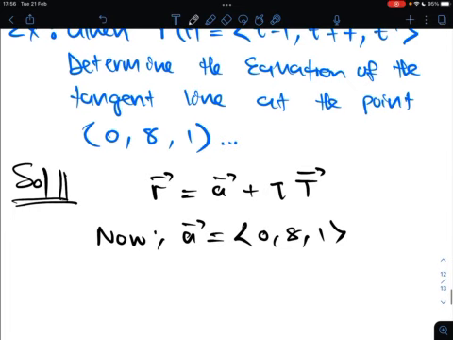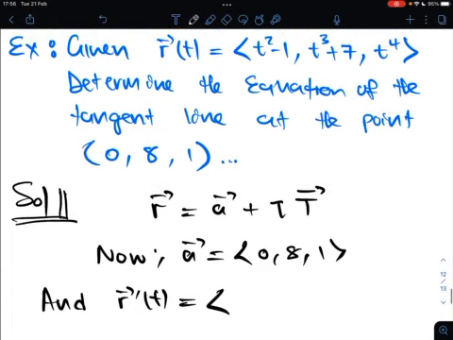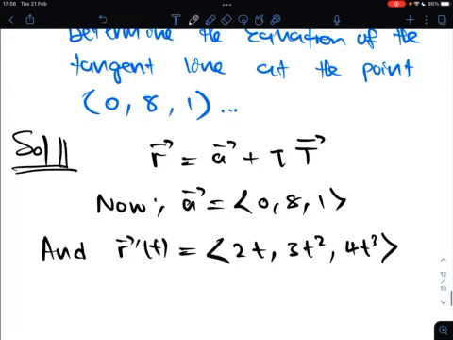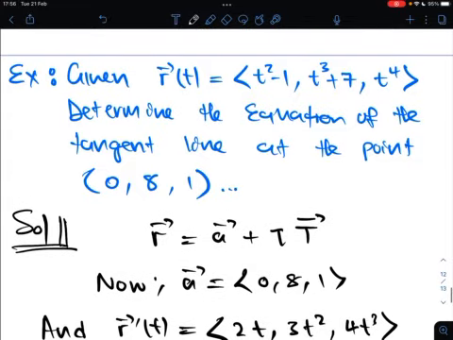Now, what is r prime of t? We differentiate that, so we get 2t, 3t squared, and 4t cubed. Then we have to see, for this point that is given, what parameter value corresponds to it.